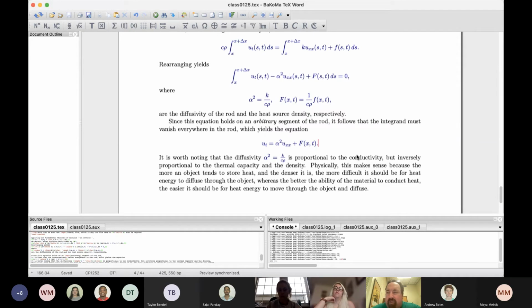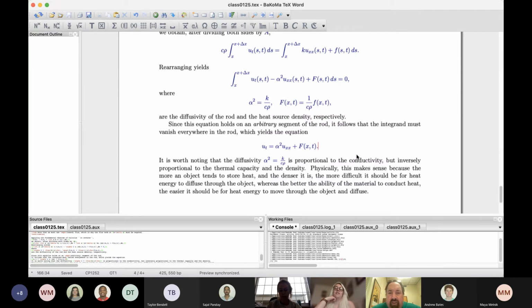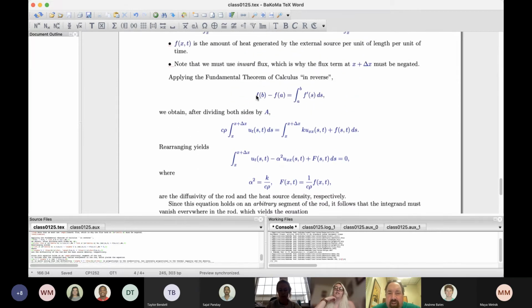I remember when I taught multivariable calculus, actually deriving the heat equation in a multi-dimensional setting. And so the main difference comes about in this step right here. So here I'm in one dimension, so I'm using the fundamental theorem of calculus. If this was a two-dimensional domain, I'd be using a theorem that you may remember from when you took multivariable calculus called Green's theorem.